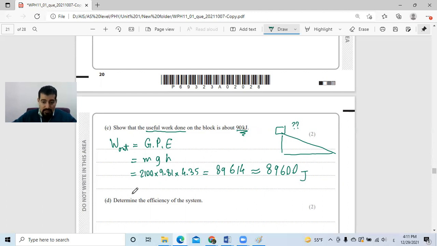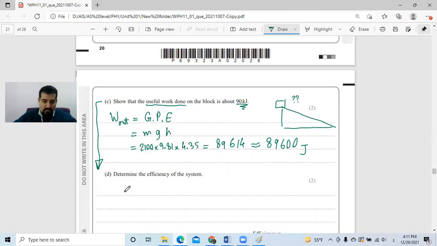Now I will use all the answers before to determine the efficiency. What is the efficiency? Efficiency equals energy output over energy input multiplied by 100%.